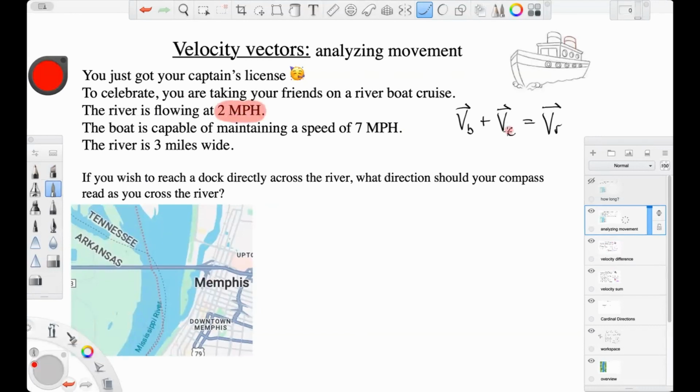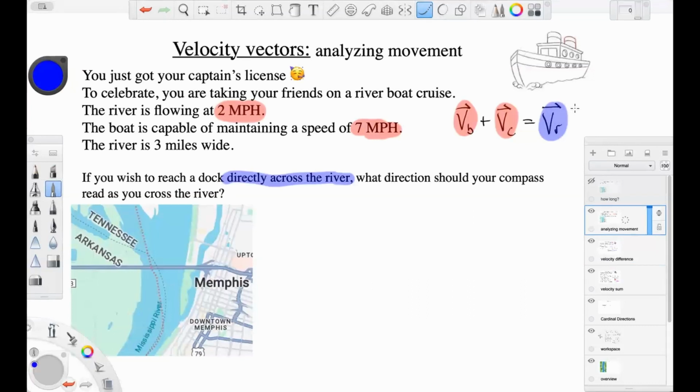So that is the current information. We know that the boat is capable of maintaining a speed of 7 miles per hour. So that's some boat information, what the boat is able to do. You wish to reach a destination that is directly across the river. So that's telling us something about the resultant vector.